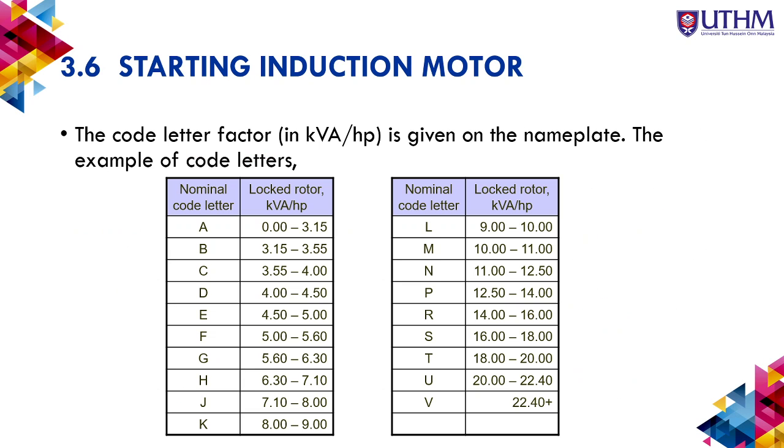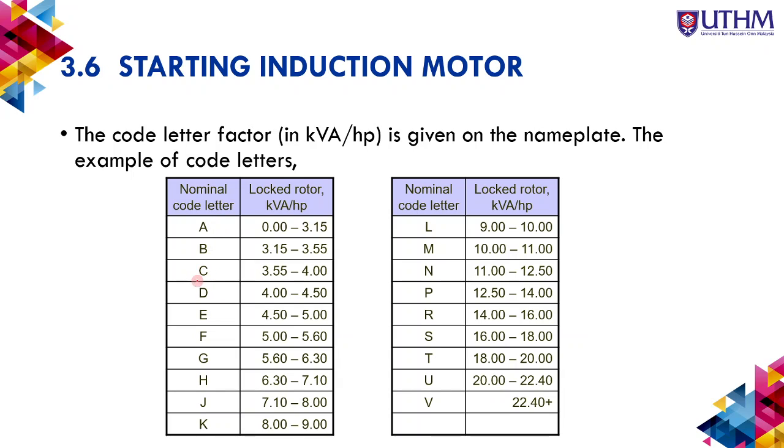The code letter factor in apparent power, which is in kilovolt ampere per horsepower, is given on the nameplate. When you buy an induction motor, normally they will write the nominal code letter for your motor.